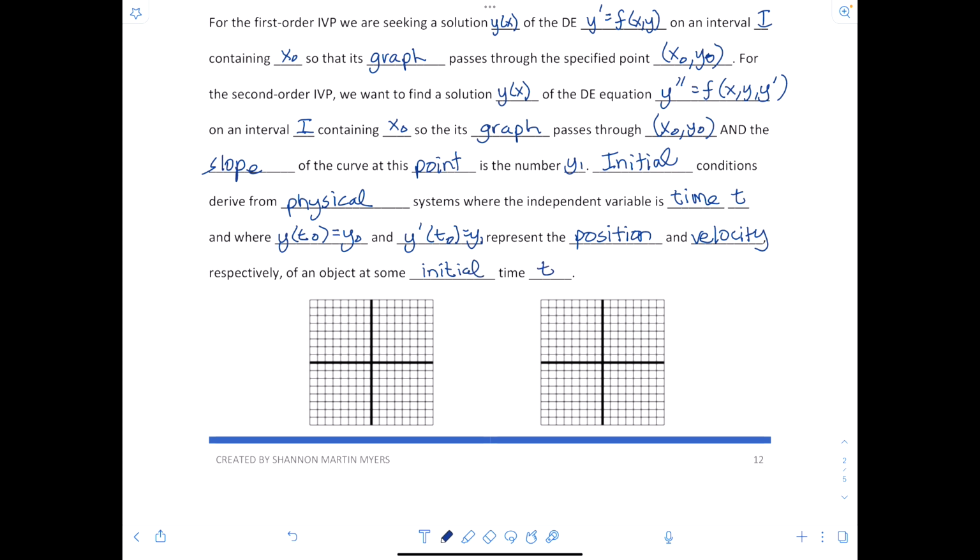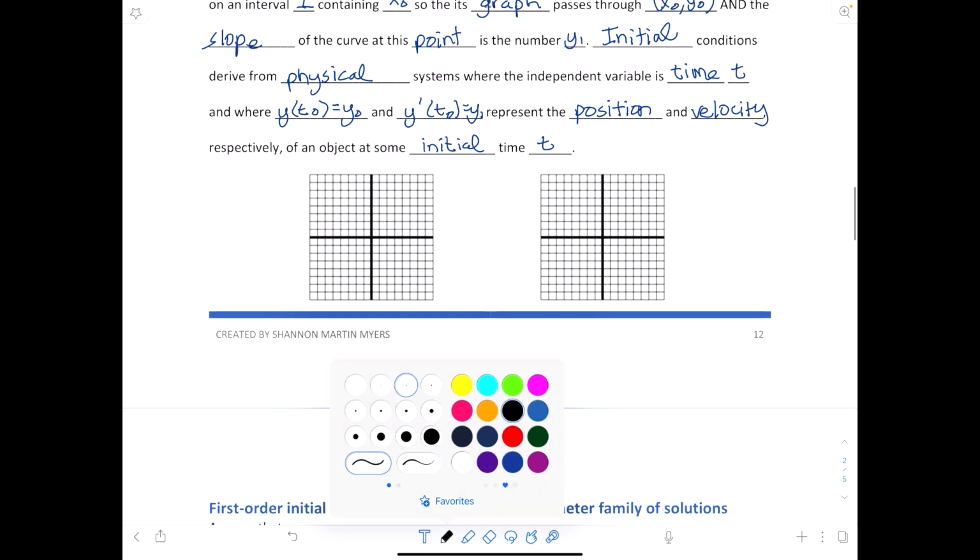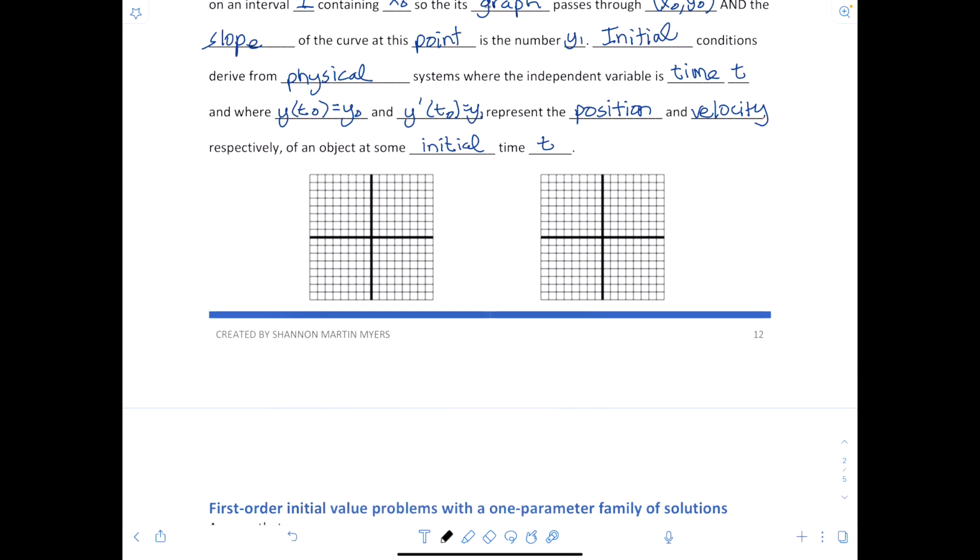All right, so now let's just take a look at some big picture ideas. So let's say the first graph is a graph for the solution curve of a first order initial value problem.